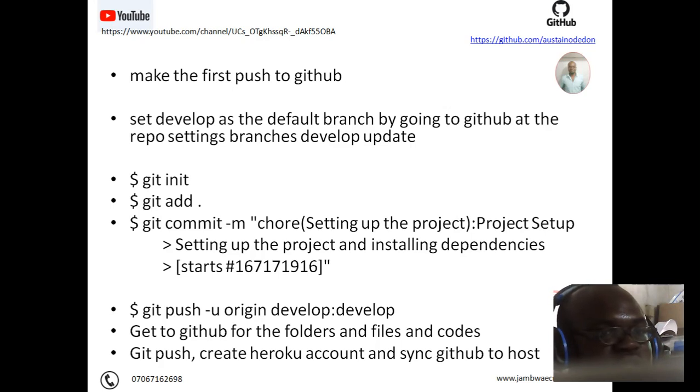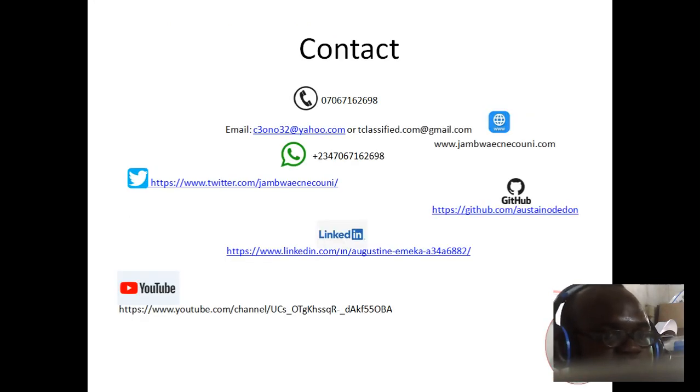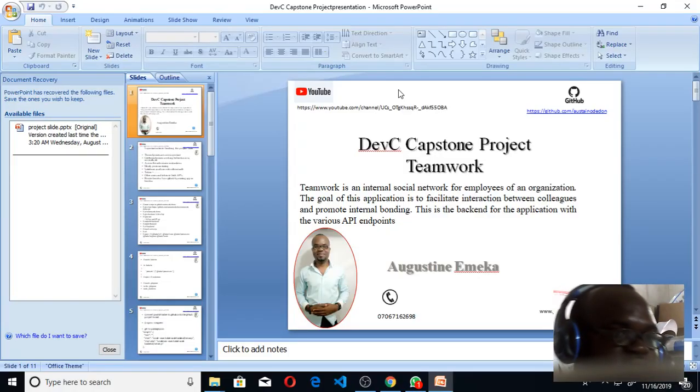Then how to do the commit and your first git push. And these are my contacts, in case you want to follow me up and get more information concerning this. Those are the things I shared during the meeting.